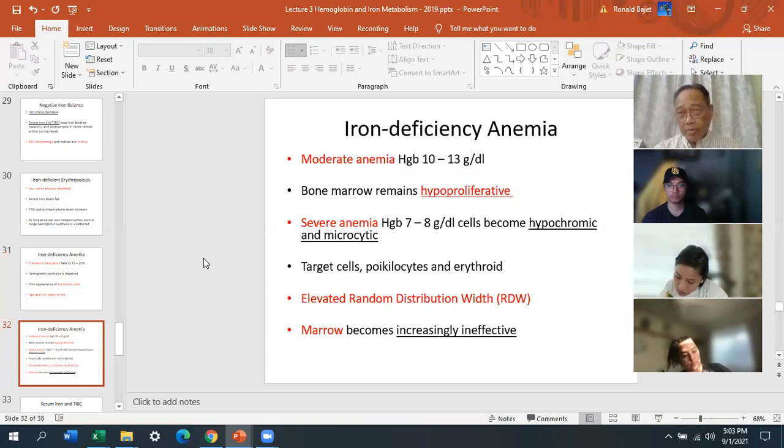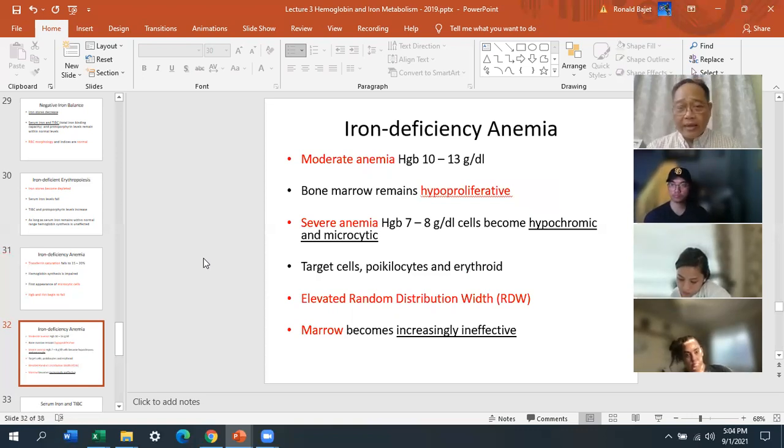That means very active bone marrow, a lot of cells in the bone marrow working. In iron deficiency anemia, you're going to have a hypoproliferative marrow, meaning low production, a lot of white space. And then it'll progress into severe anemia, where your hemoglobin can be as low as 7 to 8.